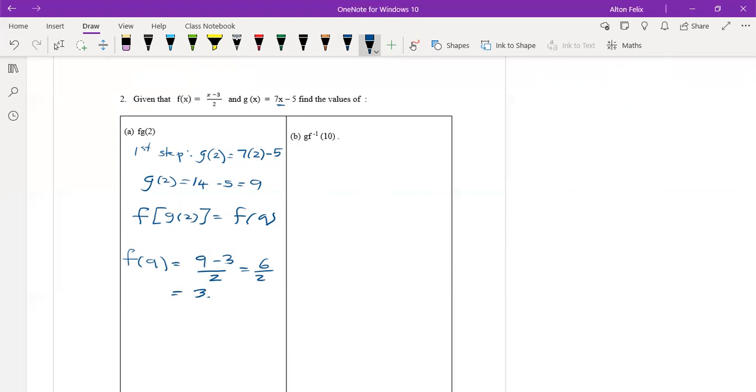Okay, let's go to the next function, gf inverse 10. Similarly, when we are asked to find this, we can write our first line as let y equals g f inverse x.